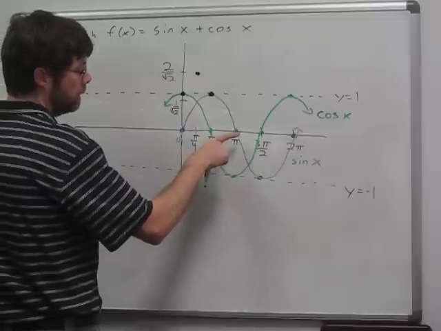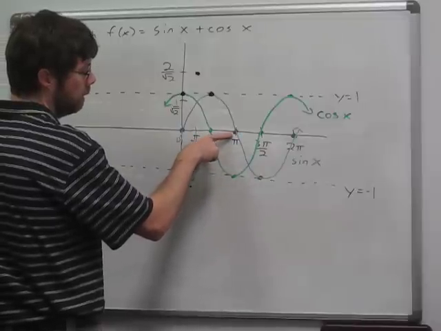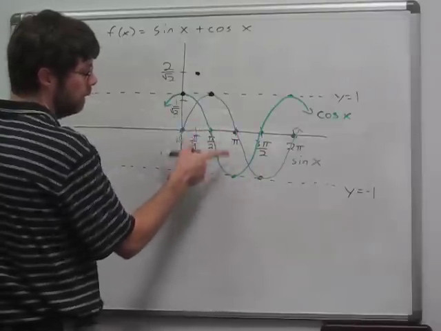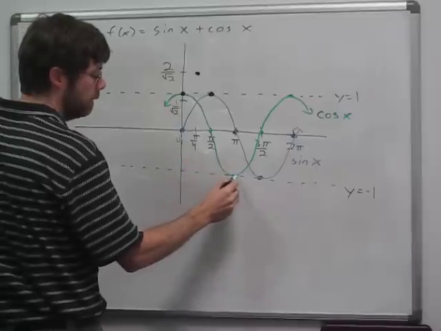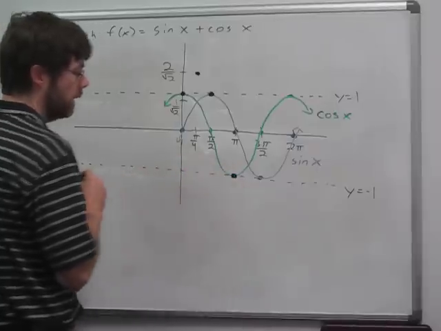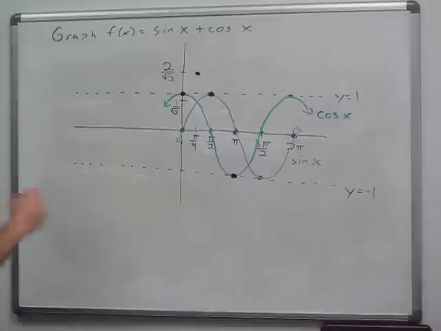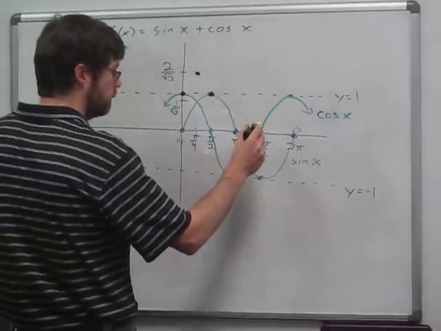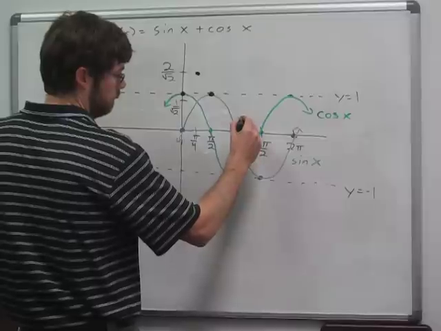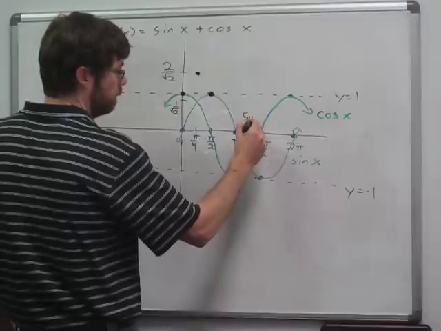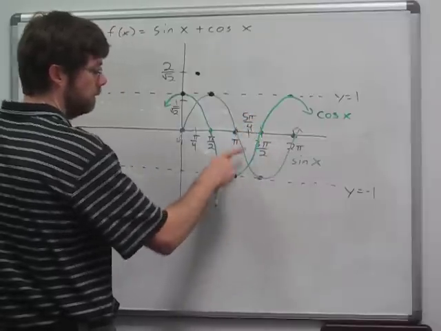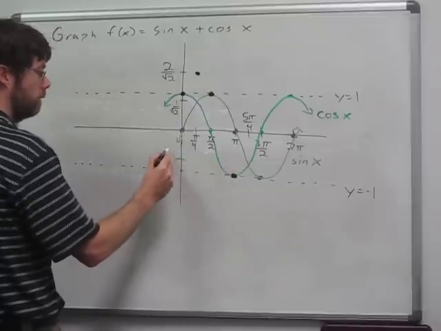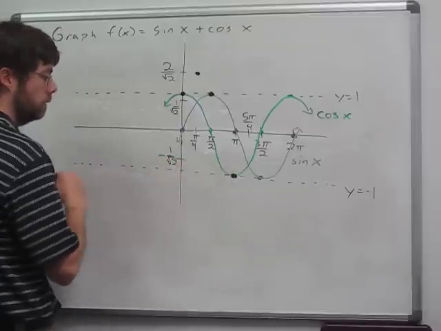Let's think about pi. At a value of pi, sine is 0, cosine is negative 1, so we'll have a value of negative 1. These functions intersect, this time at 5 pi over 4. Sorry, I had to think about it. Right, at 5 pi over 4, they both have a value of negative 1 over radical 2.